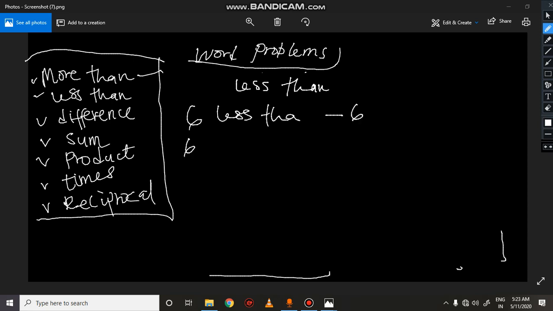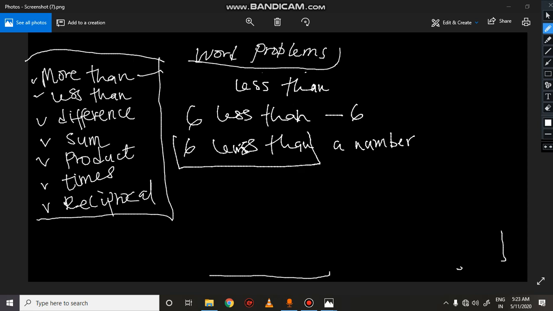So 6 less than a number means you take 6 less than, which is minus 6, then you bring a number which we don't know, so we'll be representing it by x, a variable. You can make it y, you can make it z, anything you want. So that is less than. I think the first two are easier.